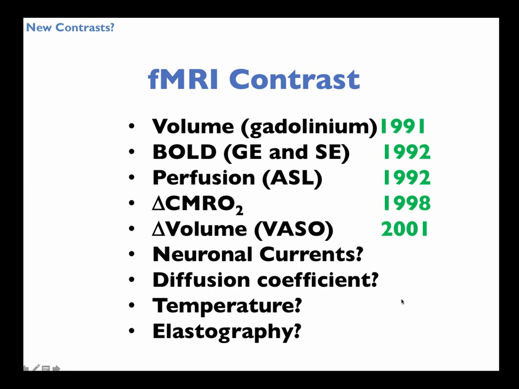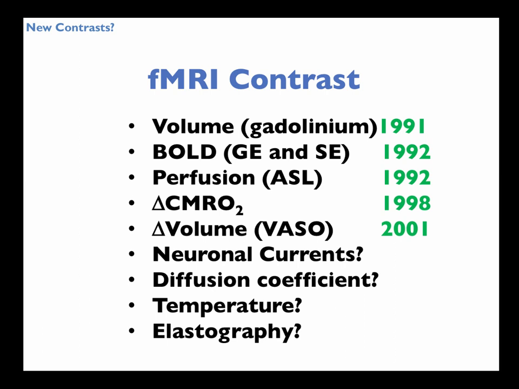Other people have come up with looking at diffusion coefficient changes, like cell swelling. Denis Le Bihan, a prominent person in the field, has sort of banked his entire career on this, claiming that if you have a b-factor diffusion weighting that's high enough, and if you average enough, you can see cell swelling with activation.